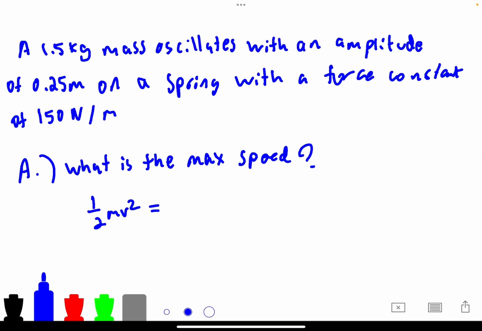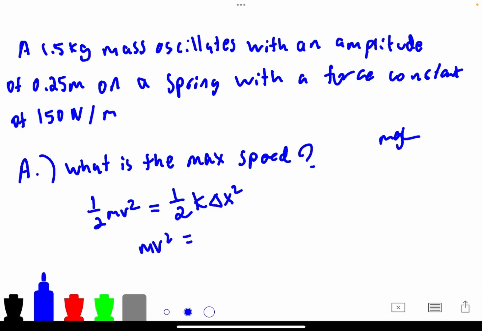If it was a pendulum, it would have been mgh, but in this case, it would be the spring potential, so 1/2 k delta x squared. And we want to isolate for velocity. The 2's cancel with the 1/2, and nothing else cancels, so it would be velocity squared.